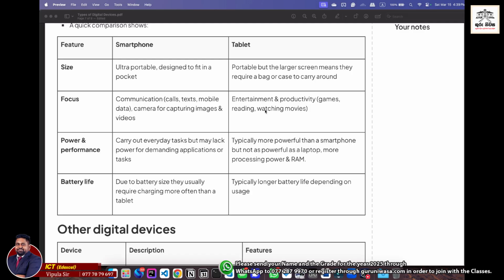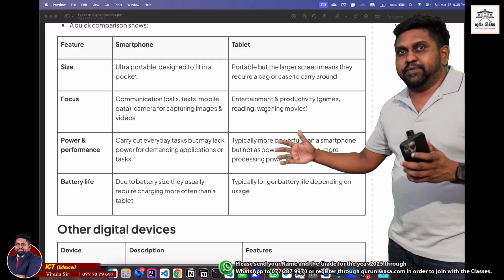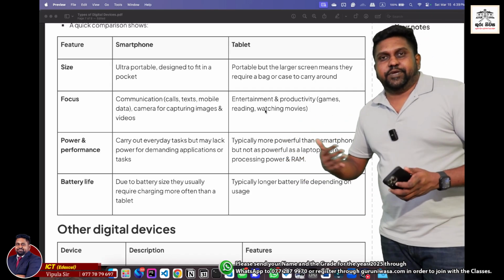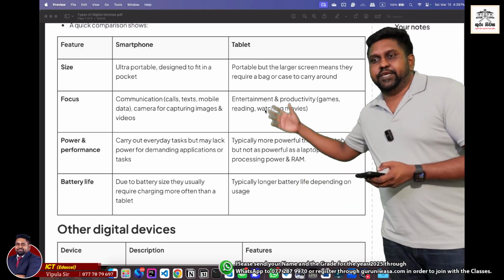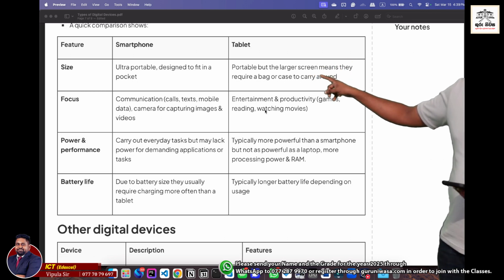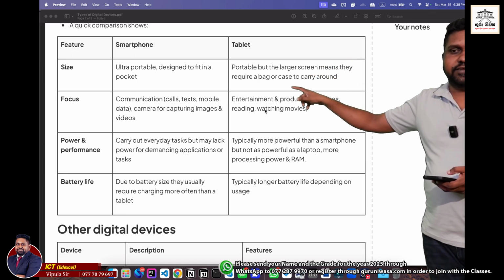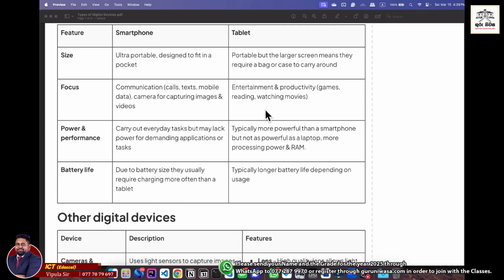But tablets, they are portable, but the target audience is different. The idea behind a tablet is to have a larger screen, not a big screen like a laptop screen, but something similar, so that you can perform more tasks which you cannot do on a smartphone, right? So it is portable, but a larger screen means they require a bag or a case to carry around, right?